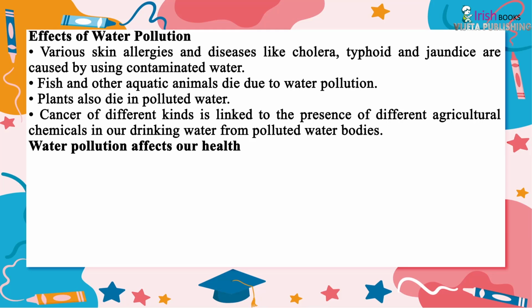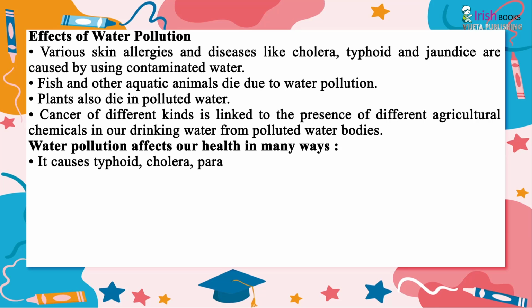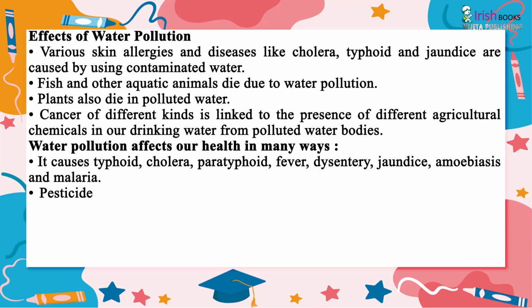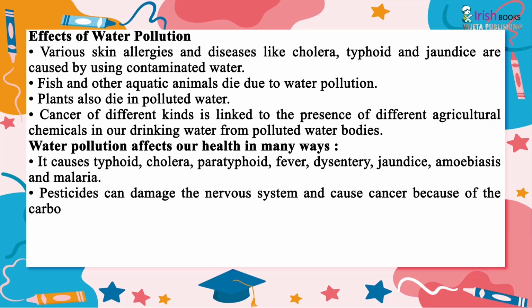Water pollution affects our health in many ways. It causes typhoid, cholera, paratyphoid fever, dysentery, jaundice, amoebiasis and malaria. Pesticides can damage the nervous system and cause cancer because of the carbamates and organophosphates that they contain.